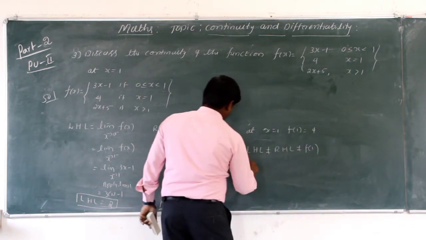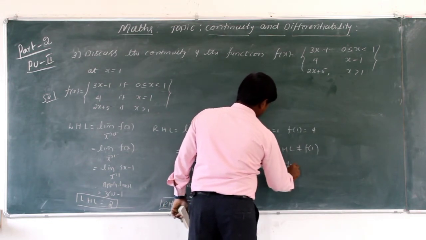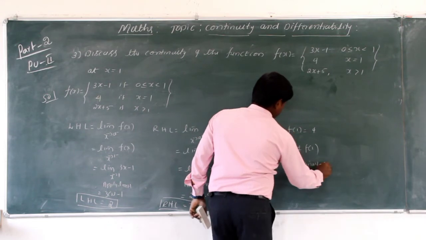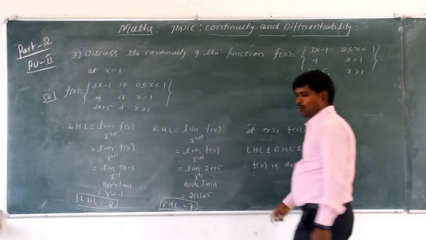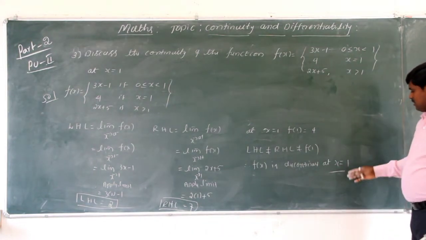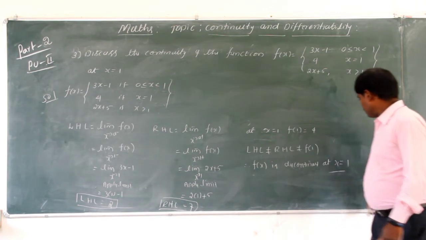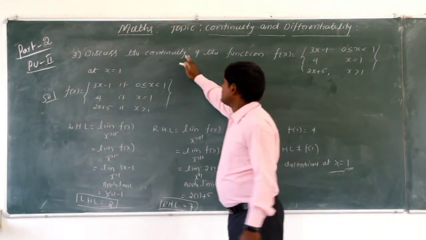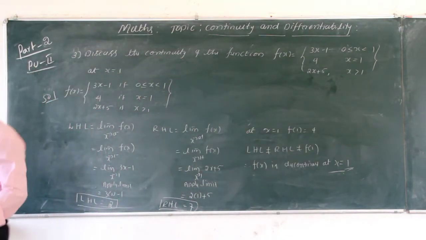Therefore the given function f of x is discontinuous at x equal to 1. At this particular point there is a gap, a break or jump. So the given function is discontinuous at x equal to 1.